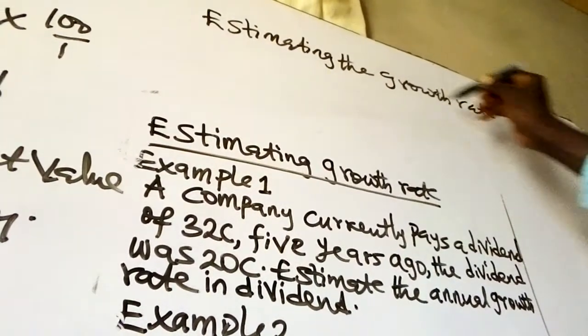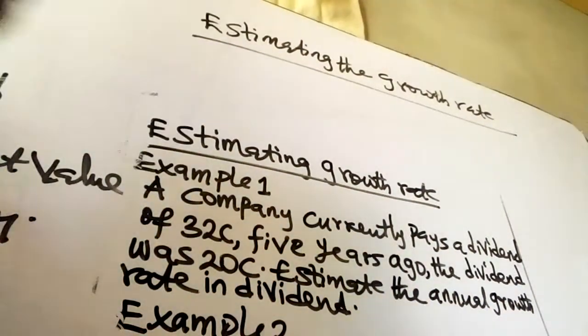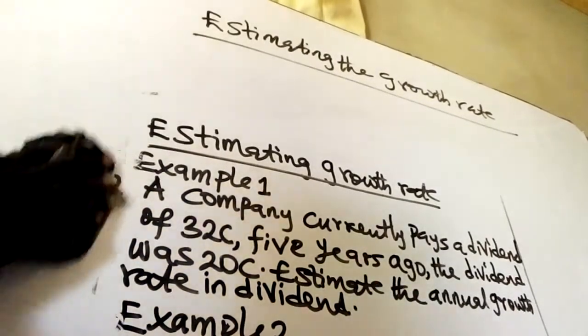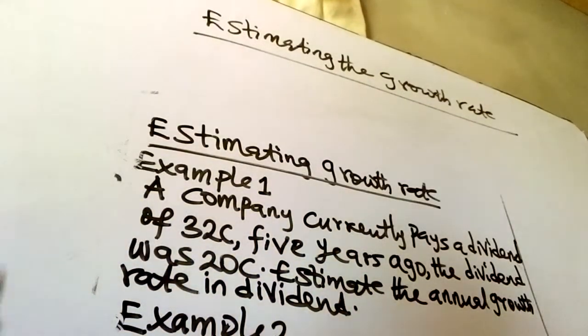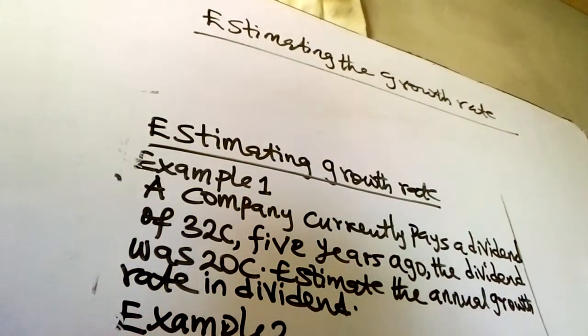There are two ways or methods of estimating the growth rate. The first method is the dividend valuation model, and the second one is the Gordon growth. Those are the two methods of estimating the growth rate.